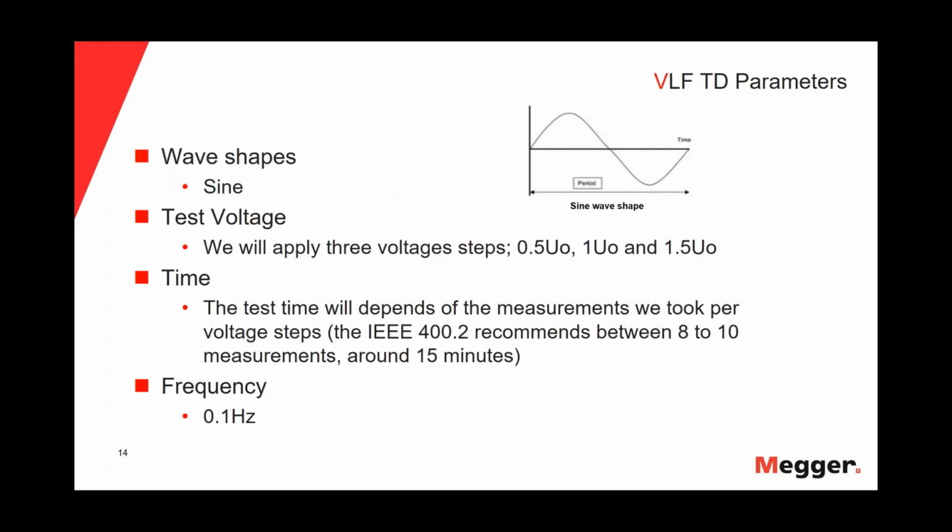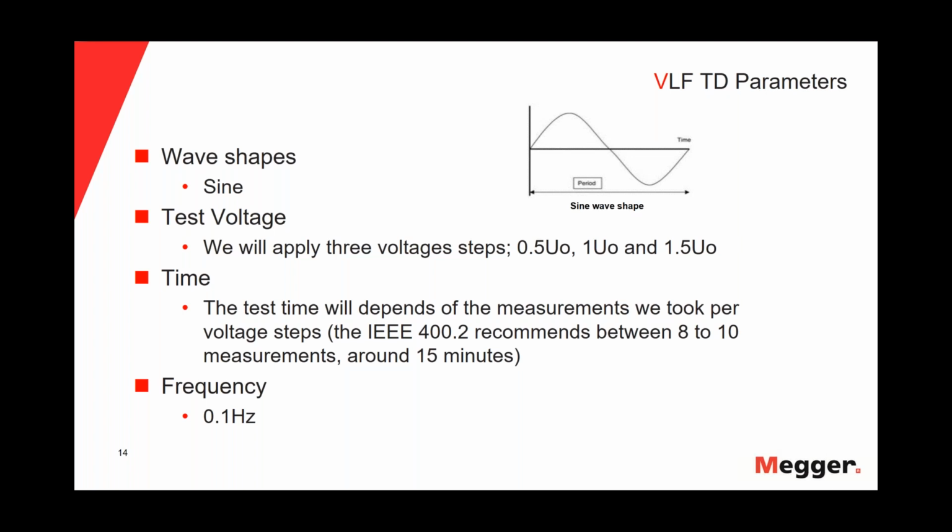The parameters involved in the tan delta test are the wave shape, which must be sine, as I said. For the test voltage, we will apply 3 voltage steps: 0.5 U0, 1 U0, and 1.5 U0. This is according to the IEEE 400.2. The test time will depend on the measurements we take per voltage step.